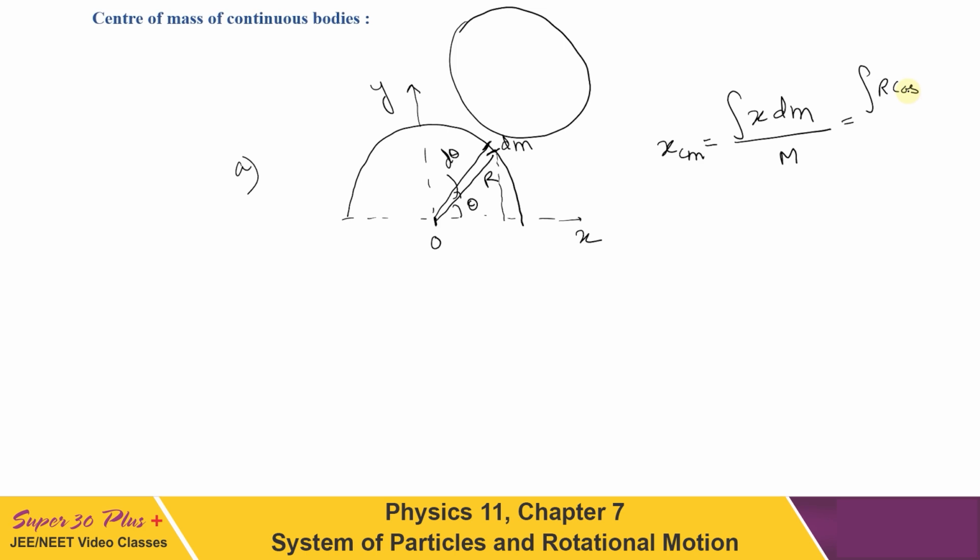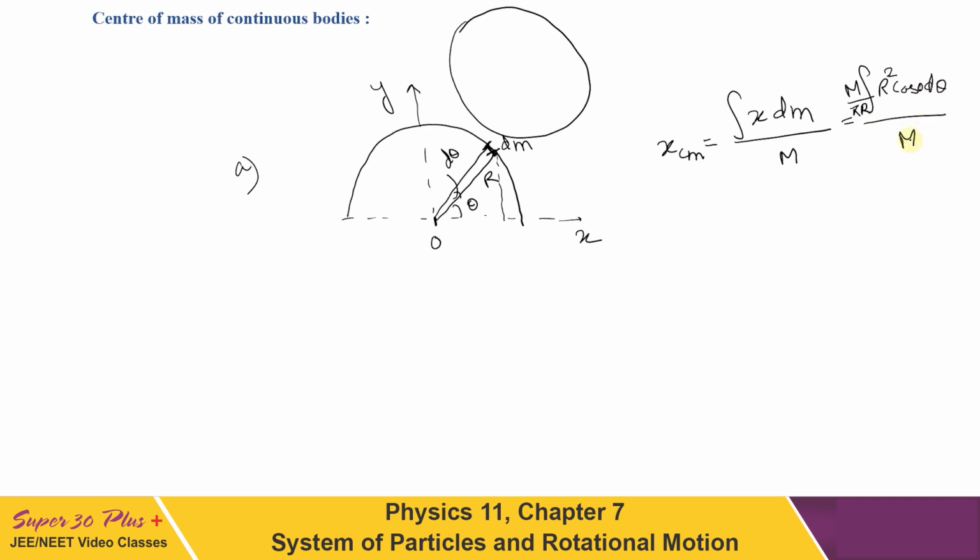Now what is dm? dm should be mass per unit length multiplied with the length of this small element, which is equal to r d theta, as you can see here. So mass per unit length I can take outside, that is mass upon the whole length, which is pi r. So m upon pi r, and inside it will be r d theta. So this becomes r squared, and then d theta, divided by the whole mass.